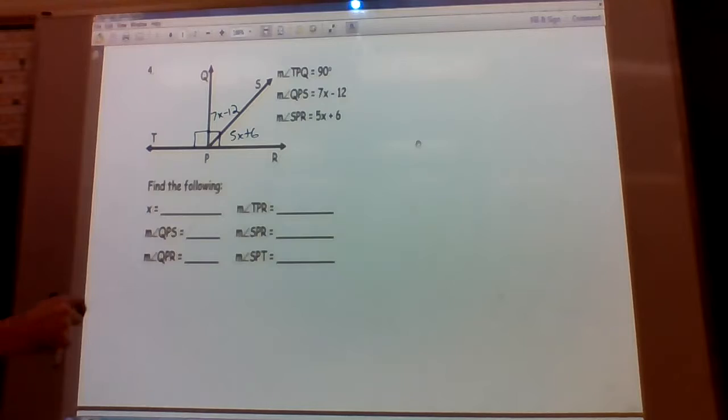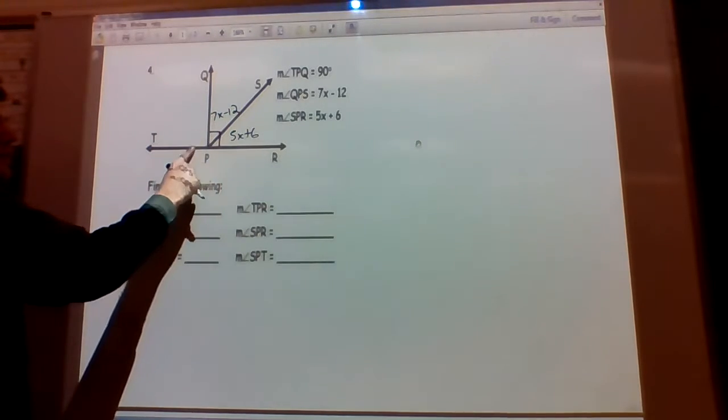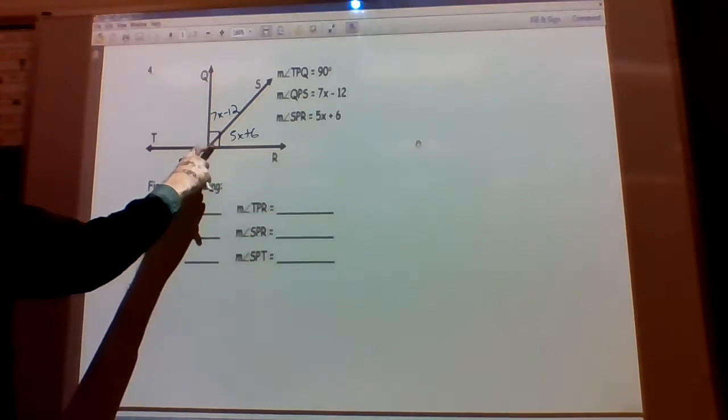Okay, well, one thing we notice is, what do these two angles add up to? They add up to a right angle.